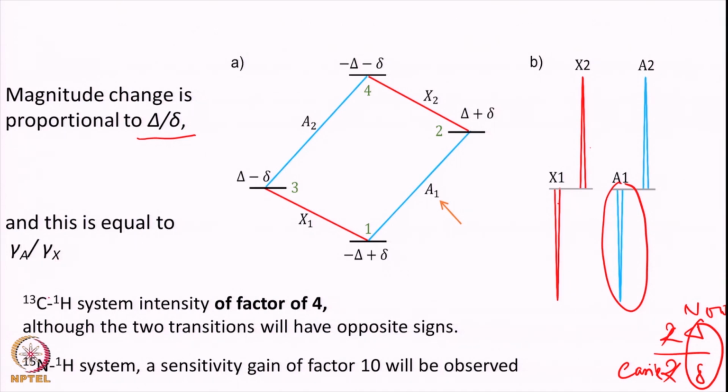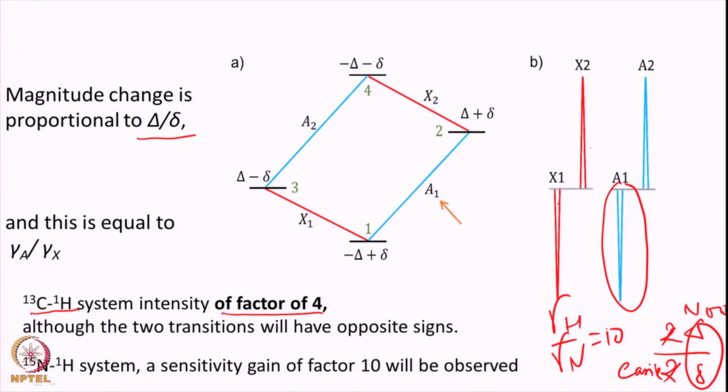So, for a 13CH coupled system the enhancement factor is up to 4. Although these two spins are of opposite sign, the enhancement is 4 times. If you take an NH system, where gamma of H divided by gamma of N is essentially 10, we will get 10 times enhancement.